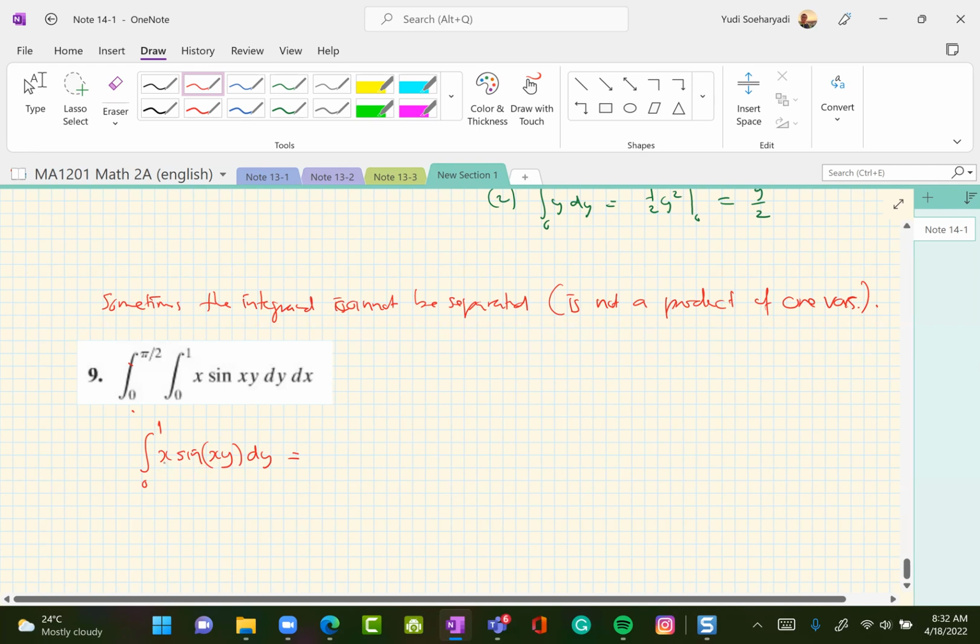First, x you can take out, factors out. Why? Because x is constant with respect to y. Sine becomes negative cosine, multiplied by 1 over the derivative of xy with respect to y, which is just x, so 1 over x.